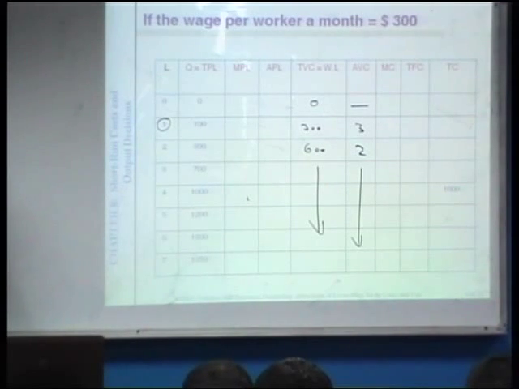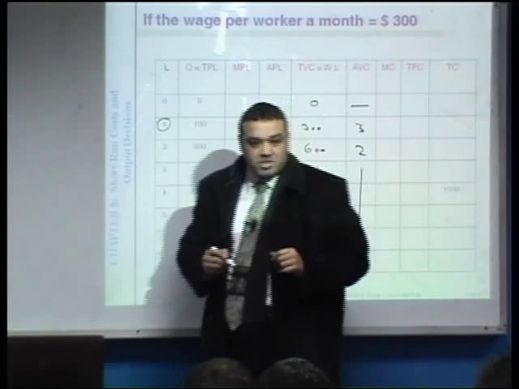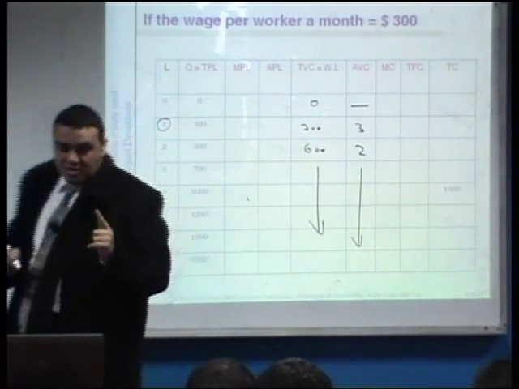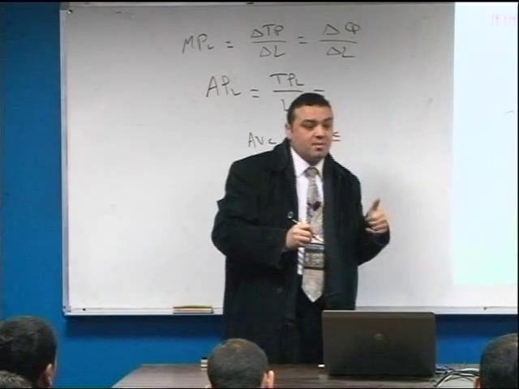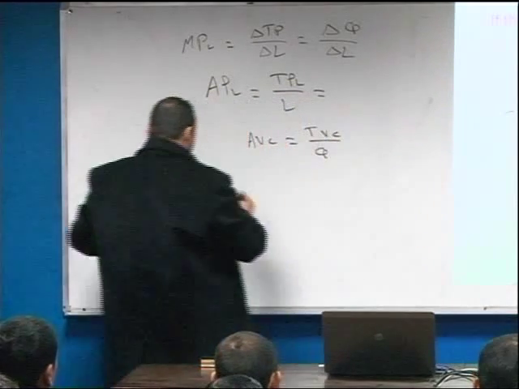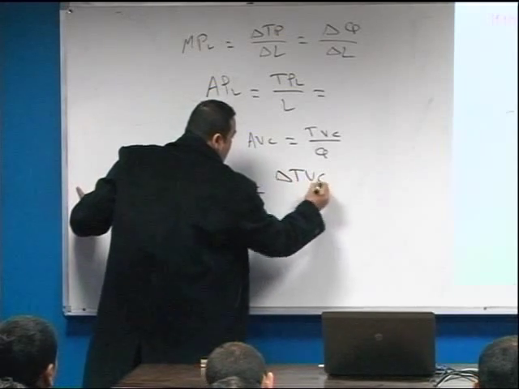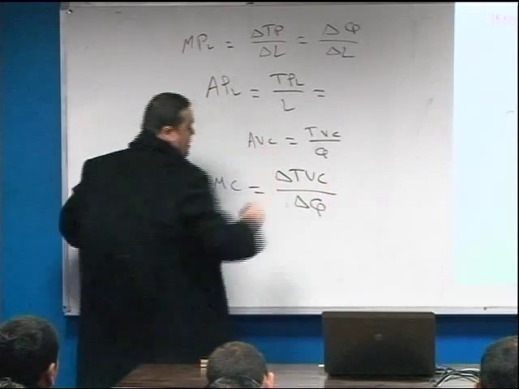Right? What about the marginal cost? We can calculate the marginal cost by using two formulas. The first one is MC equals delta TVC over delta Q, right?